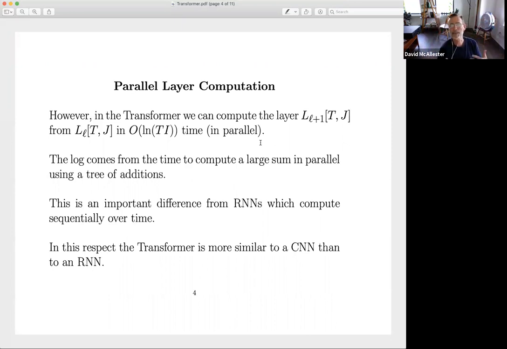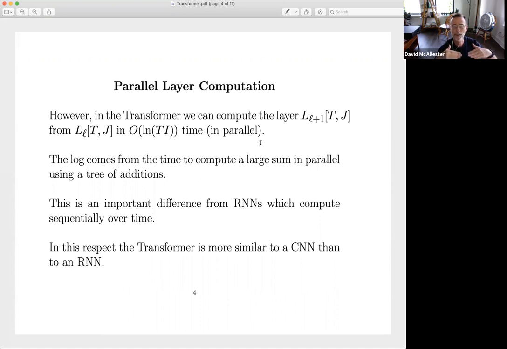So in that sense, it's more like a convolutional neural network, in the sense that in parallel, in logarithmic time, where the log comes from is trees that add large numbers of numbers. So some addition tree in parallel can be run in proportion to its depth, which is logarithmic. But so in basically logarithmic time, you can construct the next layer in parallel, right?